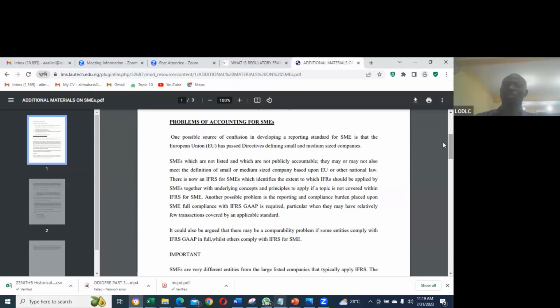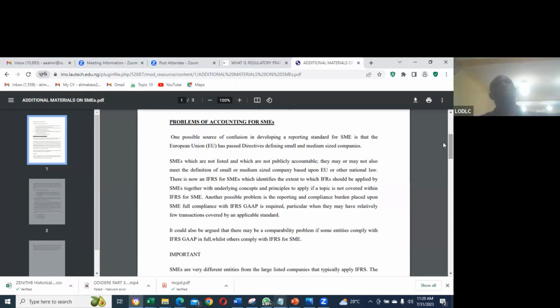The kind of compliance required for IFRS, because when you put the same compliance required for public organizations on SMEs, there may be a problem, because the entity deals with small, or let me just say, not so difficult transactions. So it could also be argued that there may be a comparability problem.